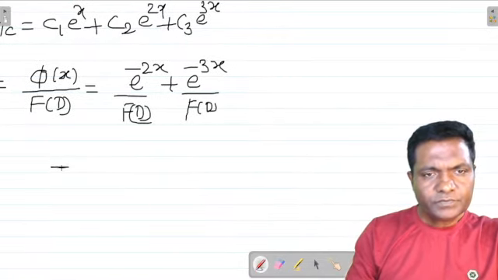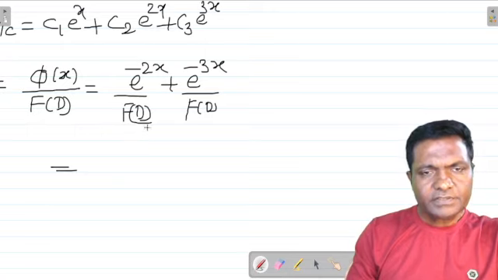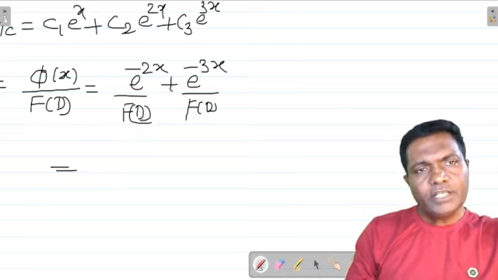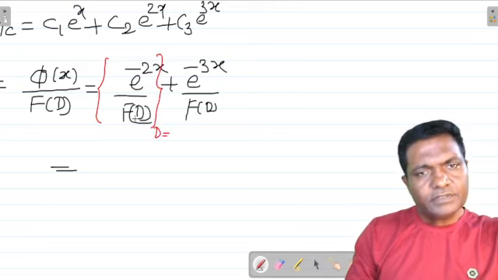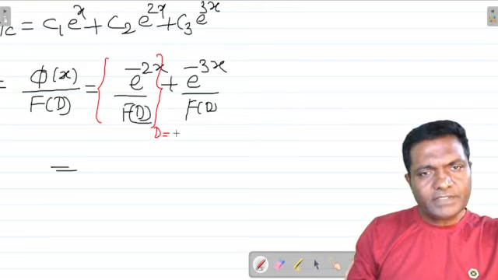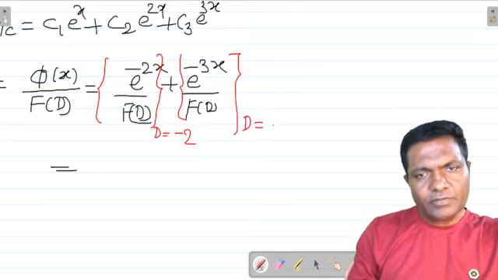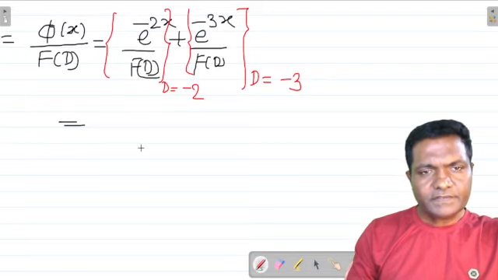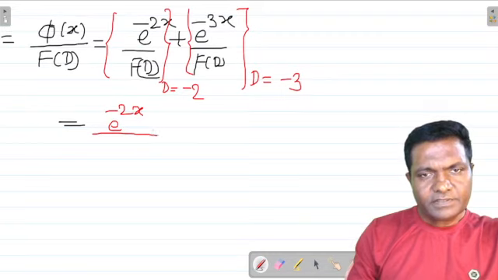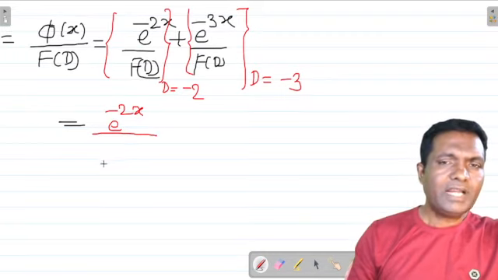So what you need to write? In the first term, you need to replace D equal to minus 2, and in the second one you need to replace D equal to minus 3. So it is e power minus 2x, replacing D as minus 2.